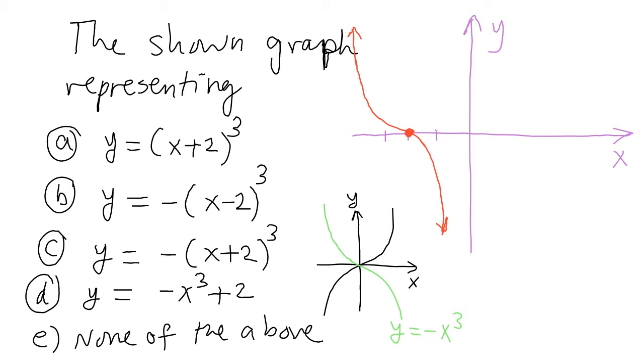I have to shift the curve 2 units to the left. So I have to replace each x with x plus 2. This is exactly what C says. If you push this 2 units to the left, you'll get the desired curve.